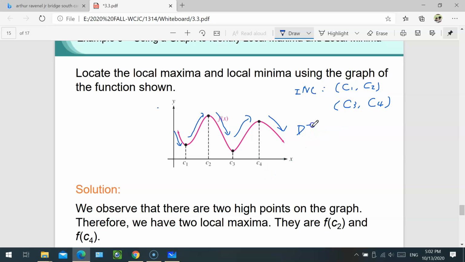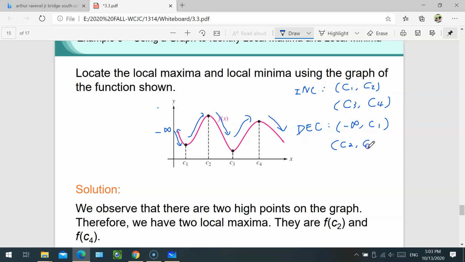For the decreasing interval, it is from negative infinity, because this arrow just gives us the information. So your decreasing interval is from negative infinity up to C1. That would be the decreasing interval. Another decreasing interval is from C2 to C3.